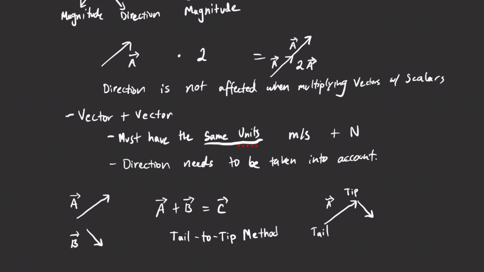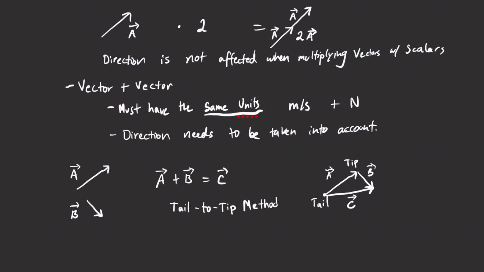And so what that will do is allow us to draw a resultant vector from the tail of vector A to the tip of vector B. So our C vector will look like this. So the addition of vector A and B will result in vector C, which will then form a triangle.